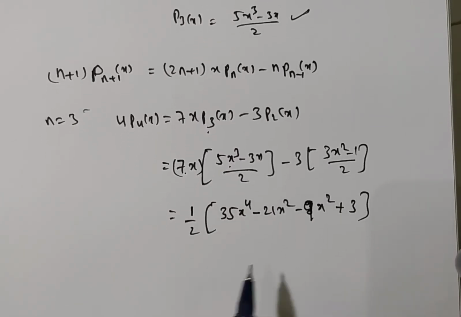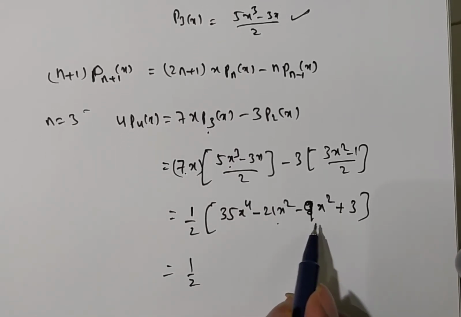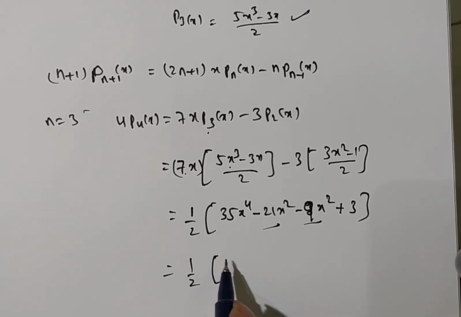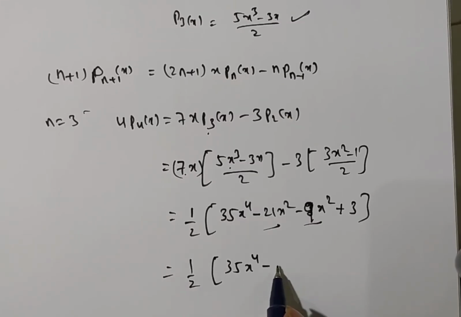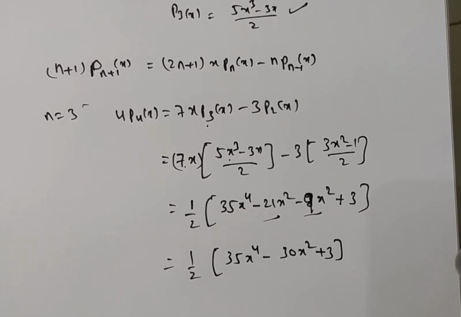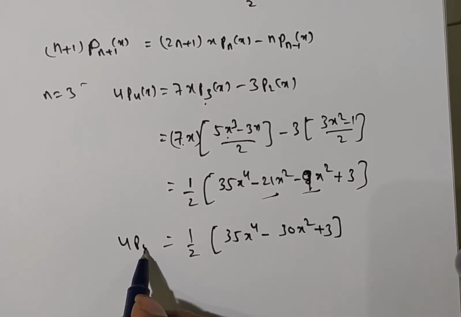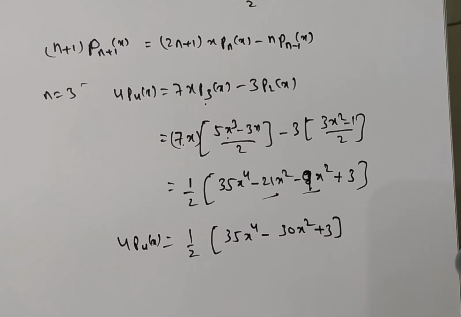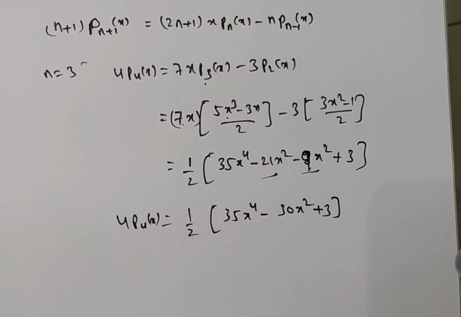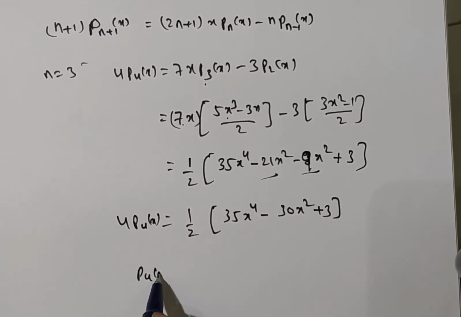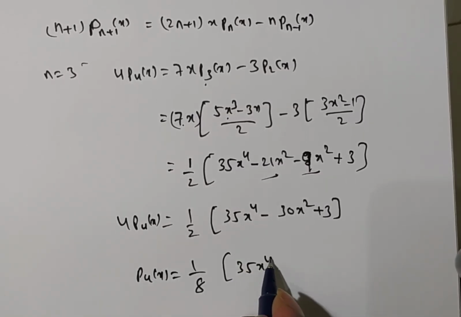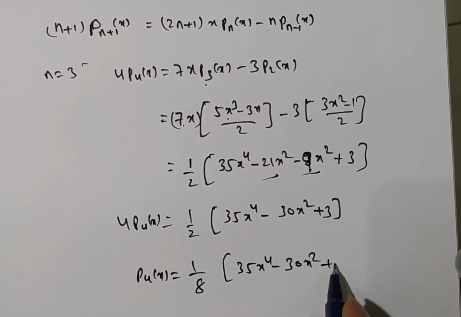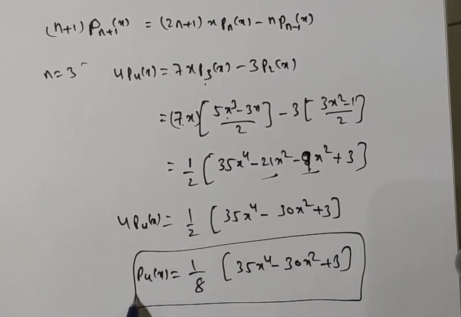Now simplify, since both have x² terms. You get 35x⁴ − 30x² + 3. This is 4 P4 of x. Now take the 4 to the other side, and you get P4 of x = (1/8)(35x⁴ − 30x² + 3). So now you have P4 of x also.